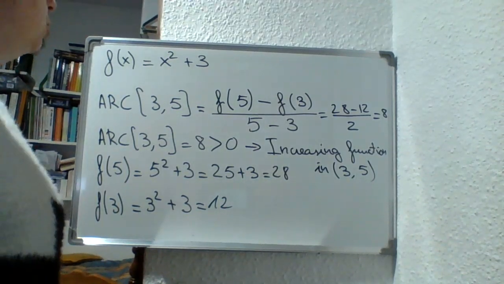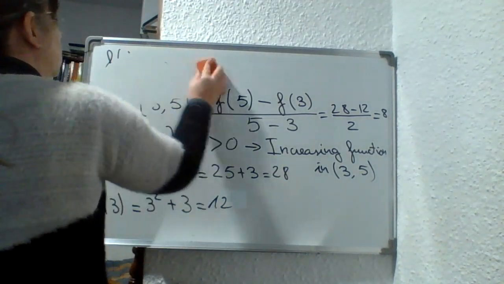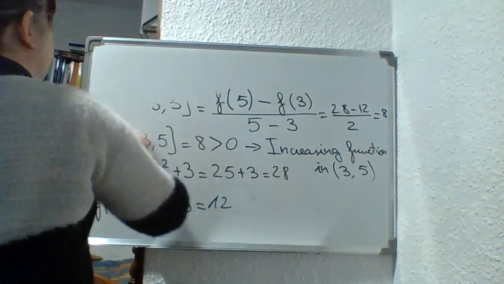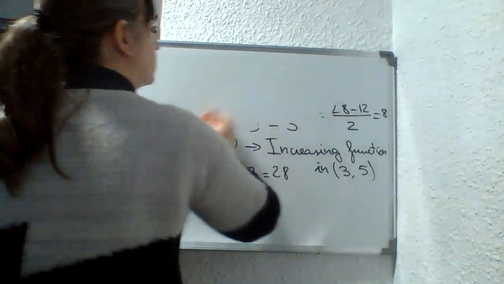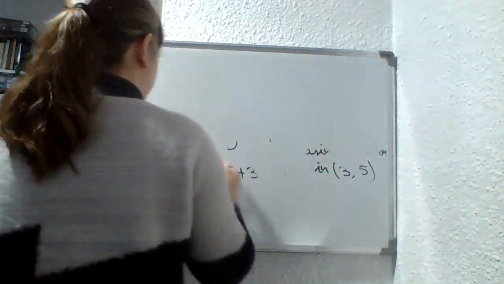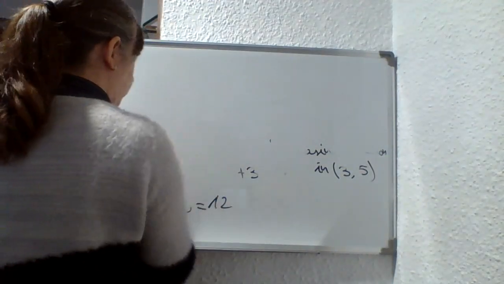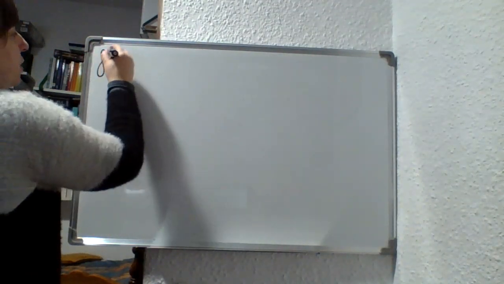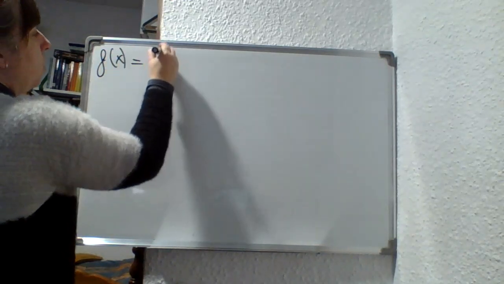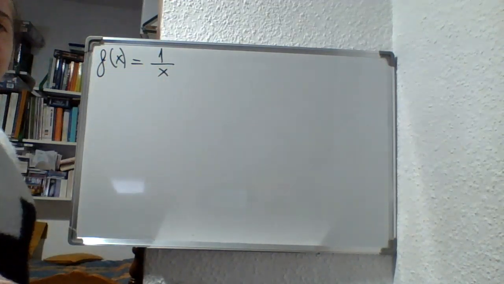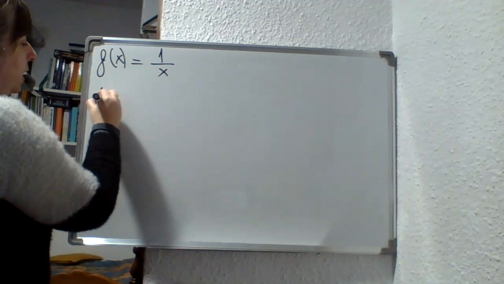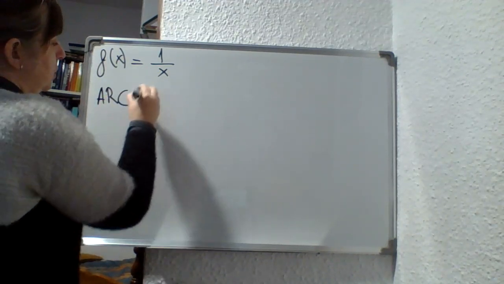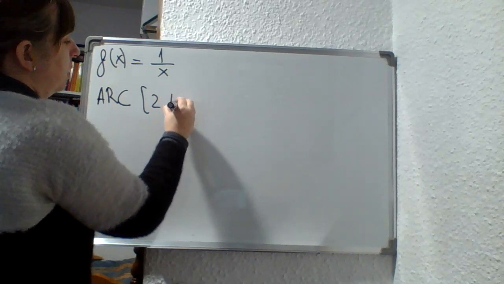So let's do another example. I take a different function, a function 1 divided by x, and I'm going to calculate the average rate of change between 2 and 4.